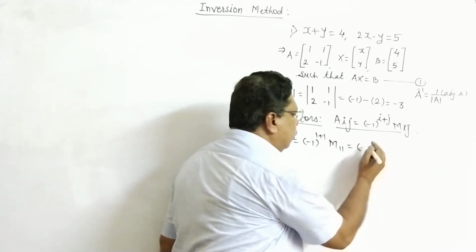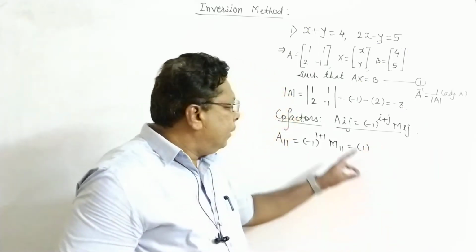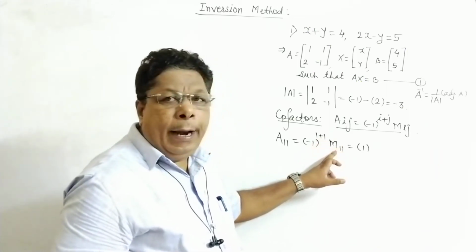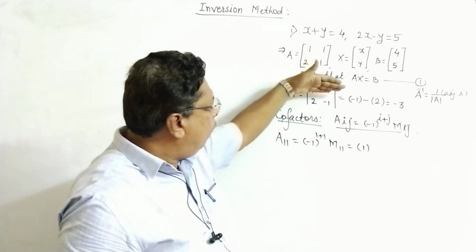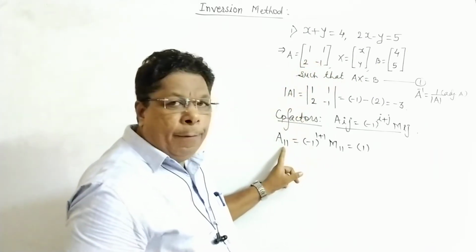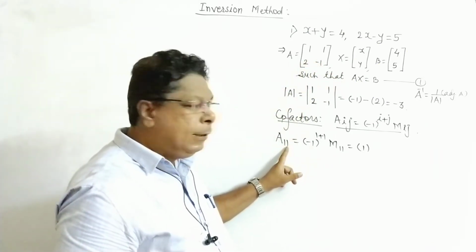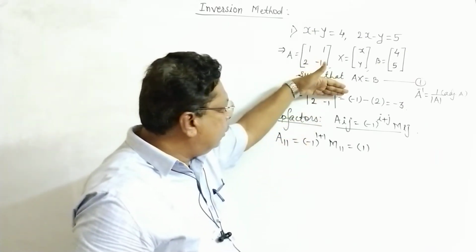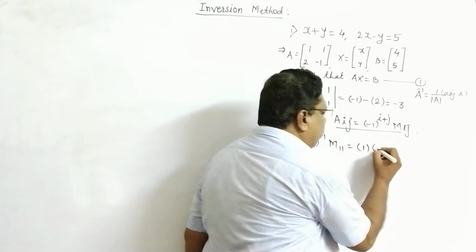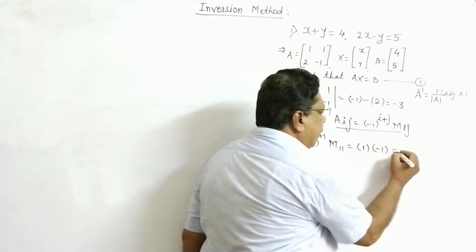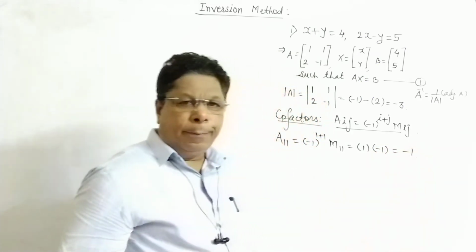Now M11, minor of A11. The first suffix indicates the number of rows, the second suffix indicates the number of columns. First row, first column removed, the remaining is minus 1. So M11 is minus 1. 1 into minus 1 is minus 1.